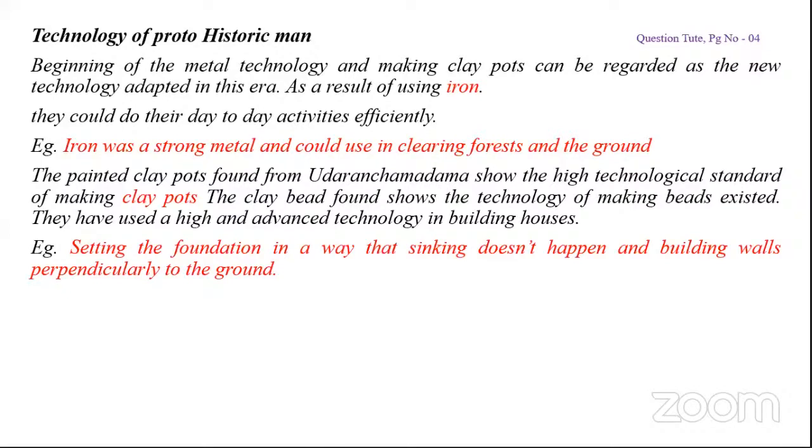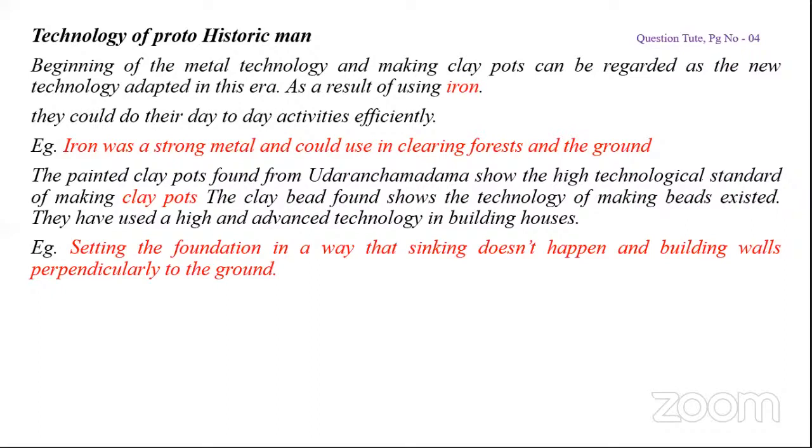Even this question can be given as a separate question. That also had come in some of the past papers: explain the technology of the proto-historic man under 3 headings. If so, you have to write clay pot technology separately, making iron tools separately, and making houses separately.